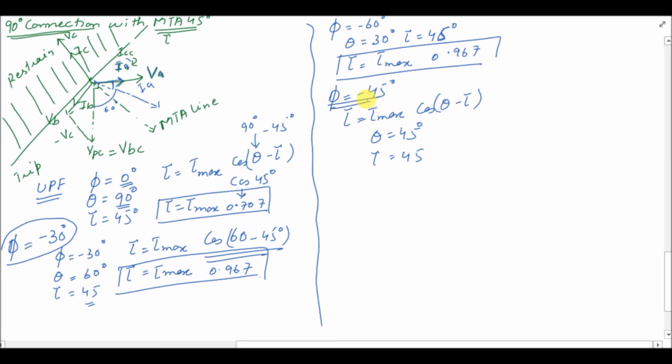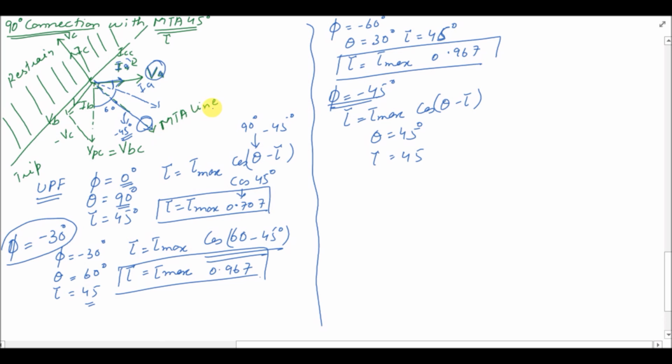Now in this case, this IA will be moved to this point, minus 45 degree. Now the angle between VA and IA is minus 45 degree, and the current is now over the MTA line.